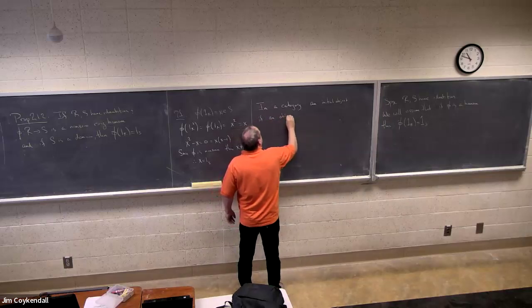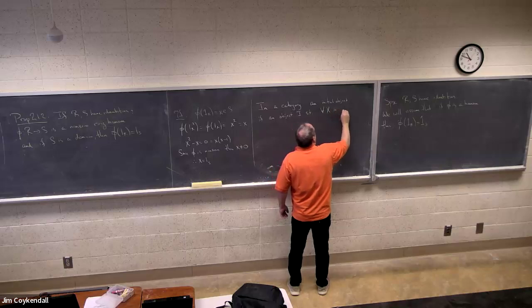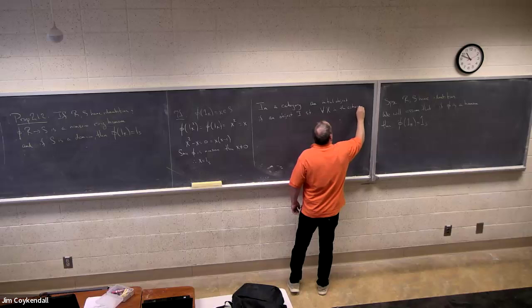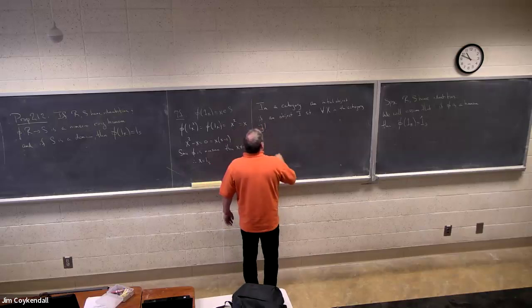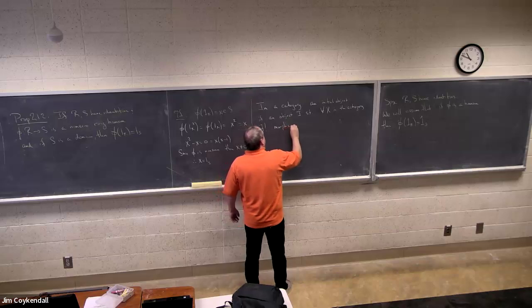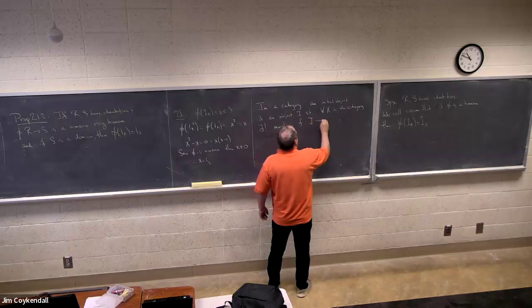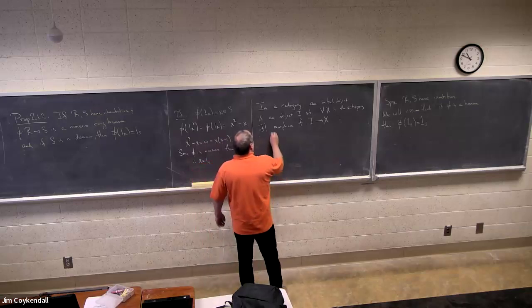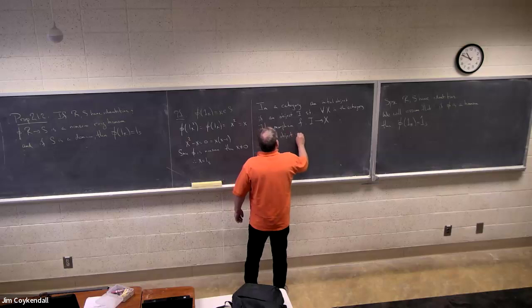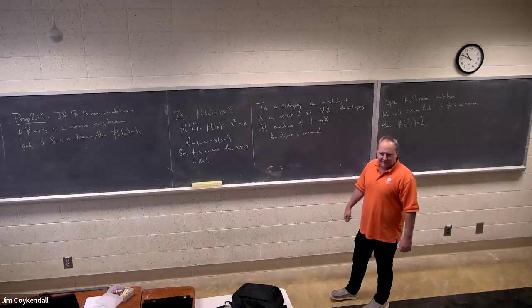An object I is initial if for all X in the category, there exists a unique morphism F from I to X. An object is terminal, as opposed to initial, if for all X there is a unique morphism from X to that object.